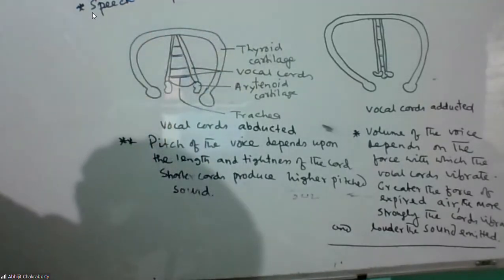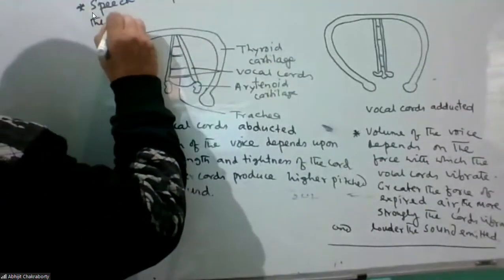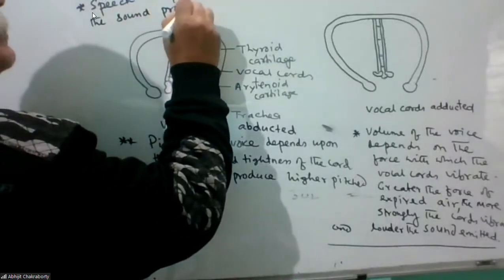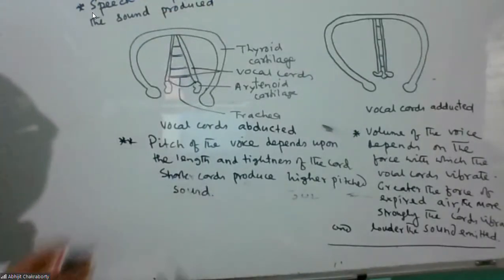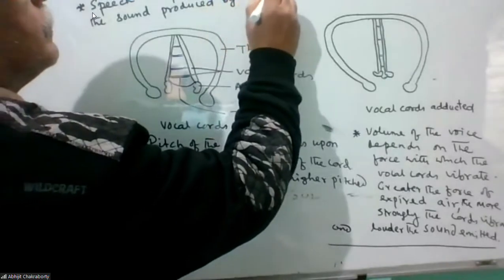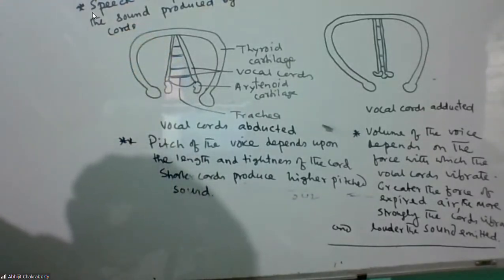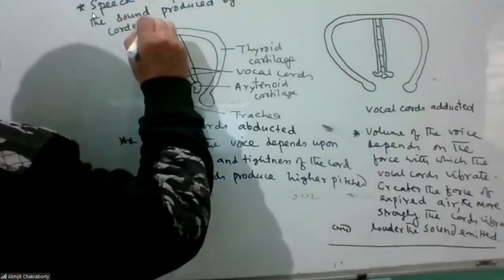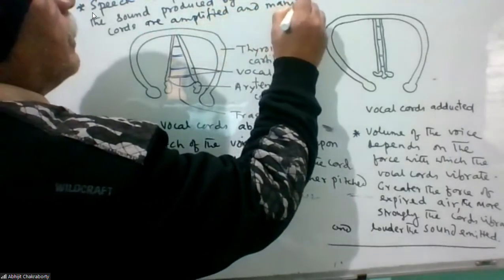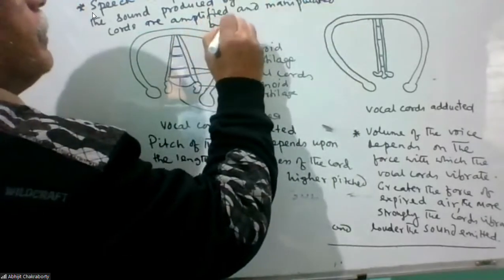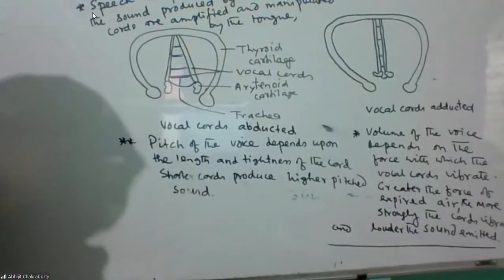Speech is produced when the sound produced by the vocal cords is amplified and manipulated by the tongue, cheek, and lips.